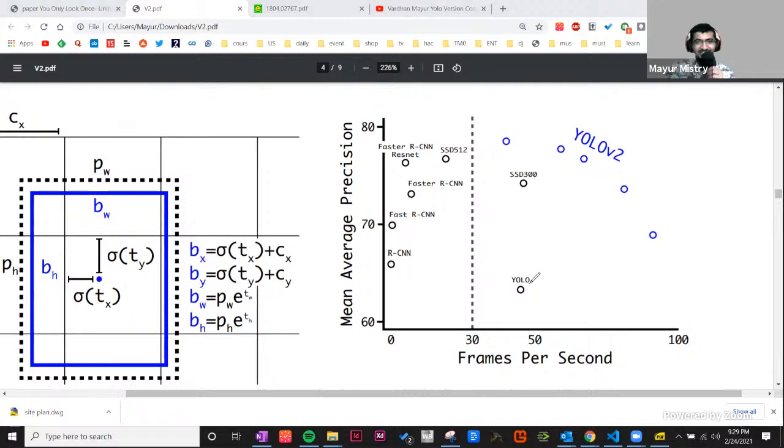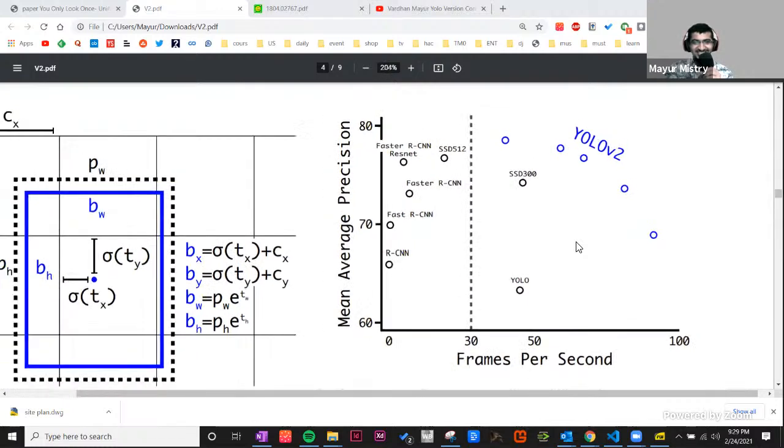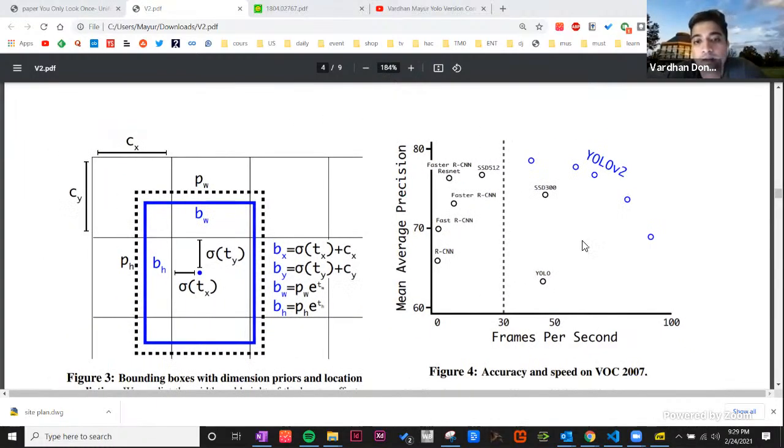Initially YOLO was capitalizing on fast inference time and prediction, but it was compromising on accuracy. Now this one is beating two stage on accuracy as well as time. So it's quite groundbreaking.